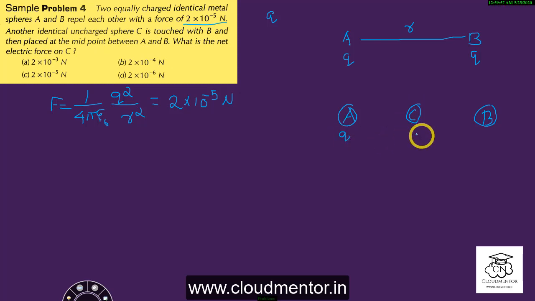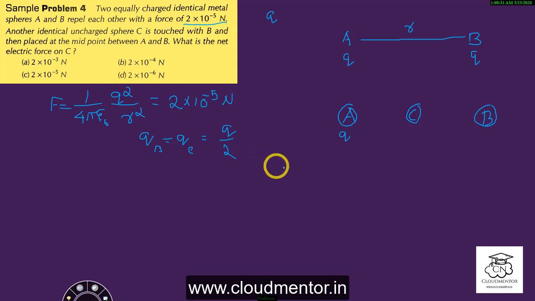We have to find the charge. When the sphere C touches B, the charge of B, that is q, will distribute equally on B and C, because both the spheres are identical conductors. That is, QB will be equal to QC, that is q by 2.